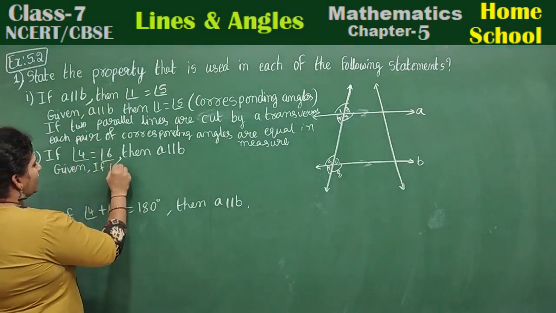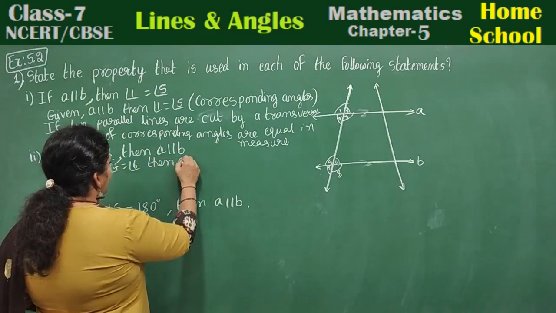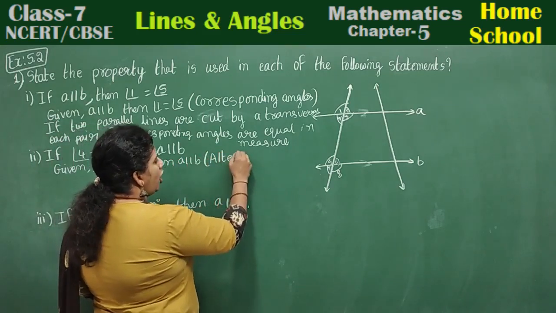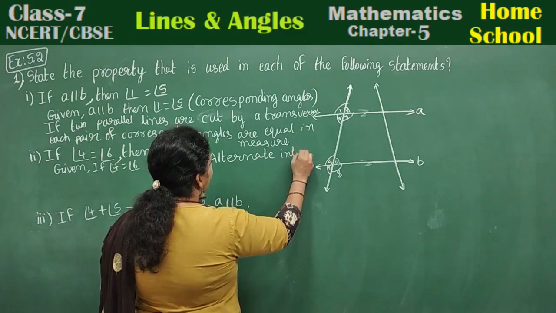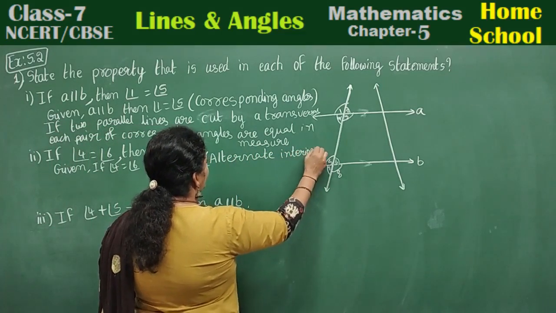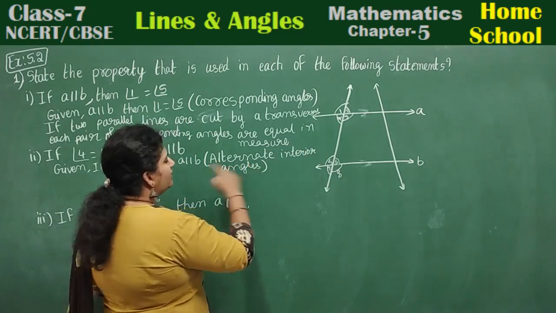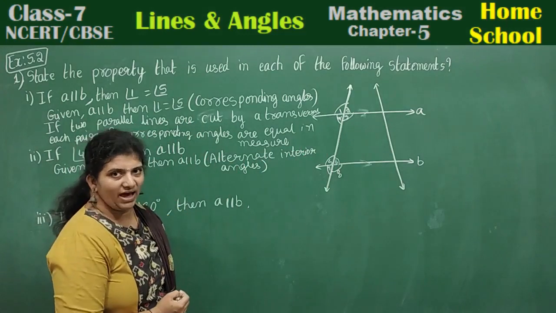Given if angle 4 is equal to angle 6, then A parallel to B by alternate interior angles property. I can say that these two are equal means those two lines are parallel.